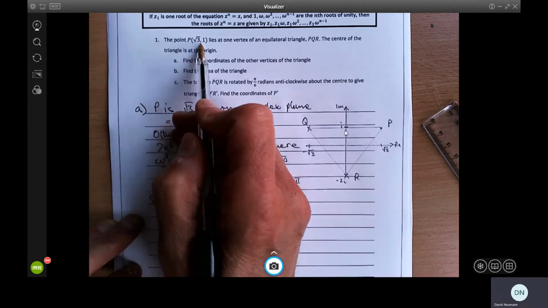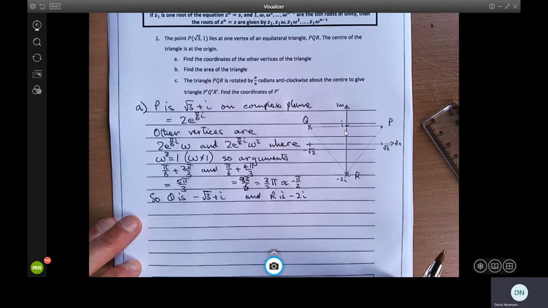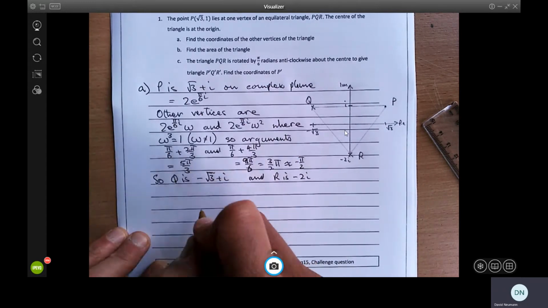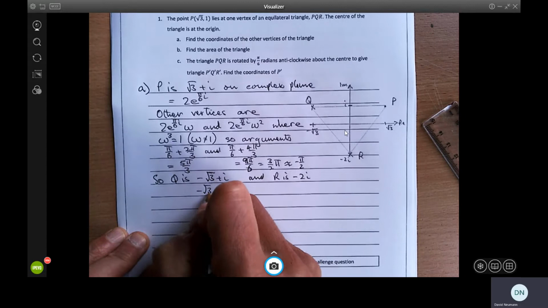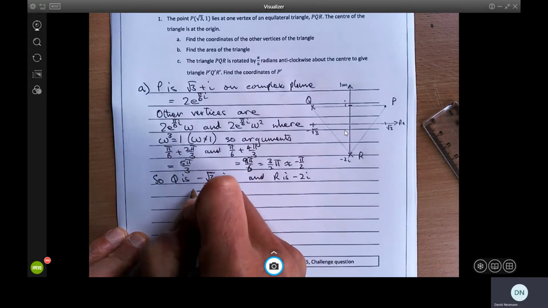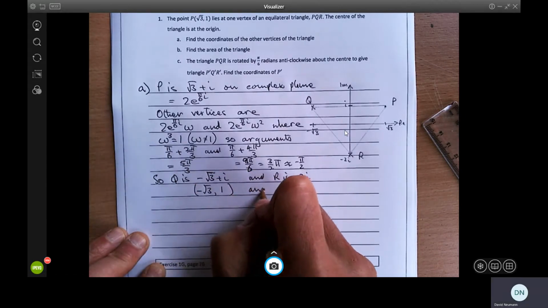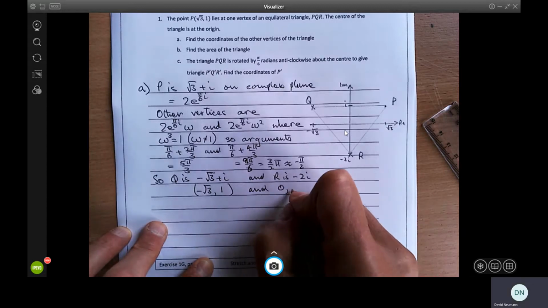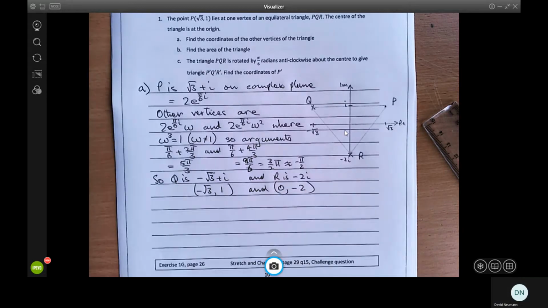We were given these points in Cartesian form, so we should translate them back. So we're going to give them as minus root 3, 1, and 0, minus 2.